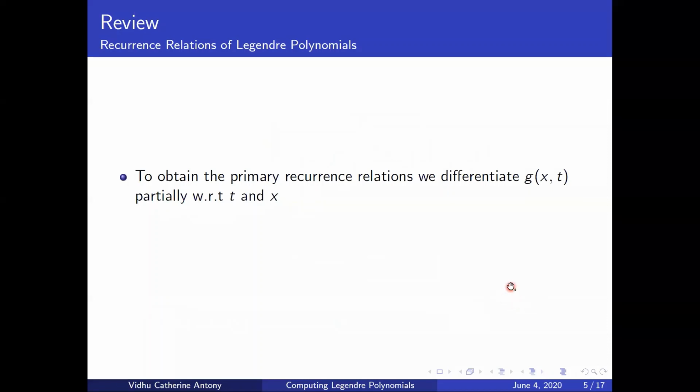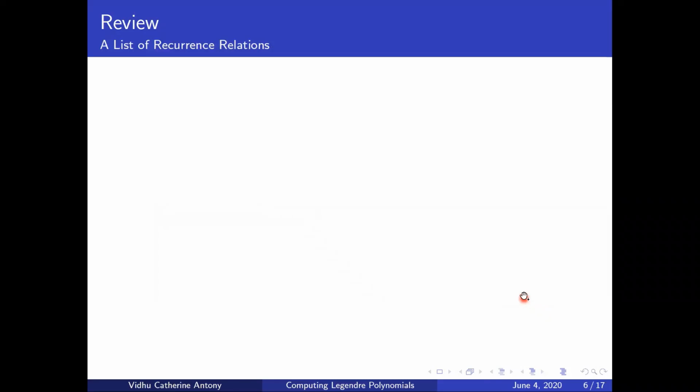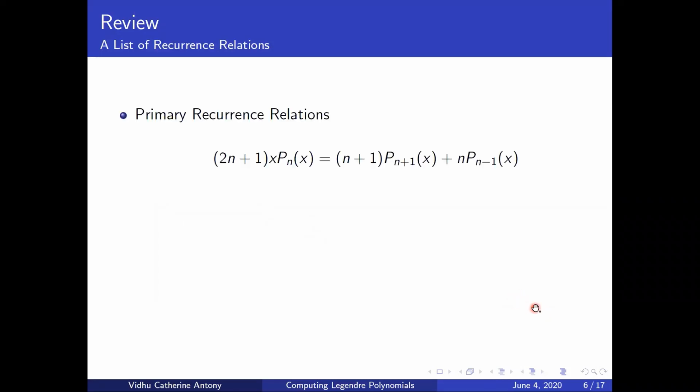Now what we're going to do here is use these recurrence relations and find out what values of the Legendre polynomials you get for a particular value of x. Here, what you did last semester was collect the particular coefficients of t power n, and using this we were able to express one Legendre polynomial in terms of the lower two. These are the primary recurrence relations.